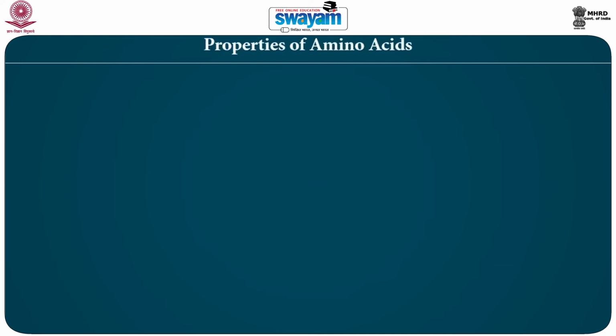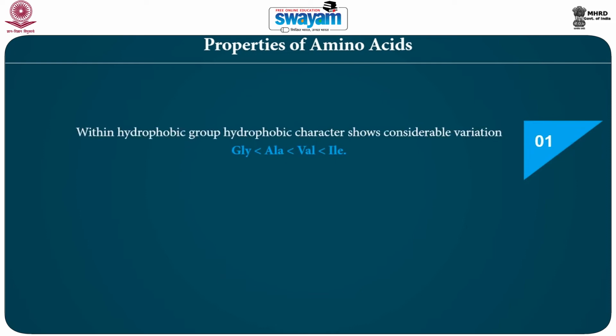Properties of amino acids. Within hydrophobic group, hydrophobic character shows considerable variation. For example, glycine is less hydrophobic compared to alanine, and alanine less hydrophobic compared to valine, and valine compared to isoleucine.